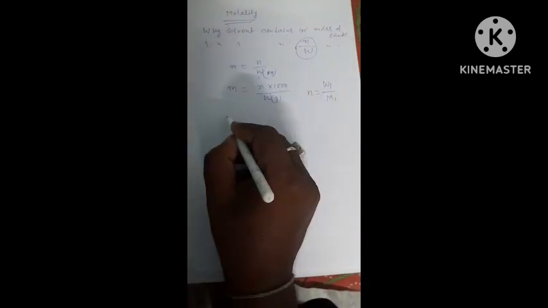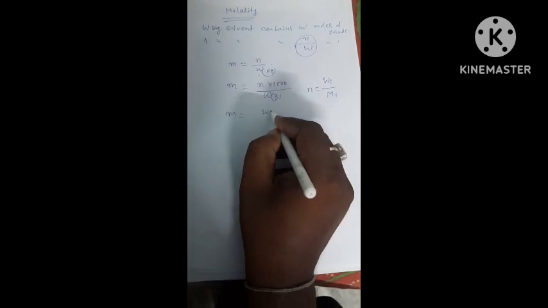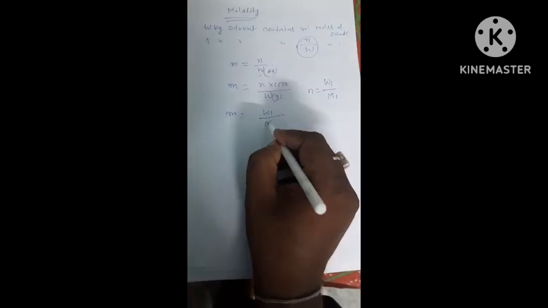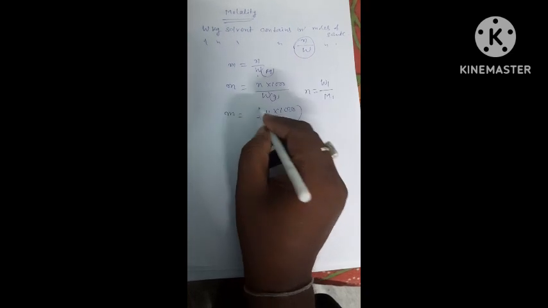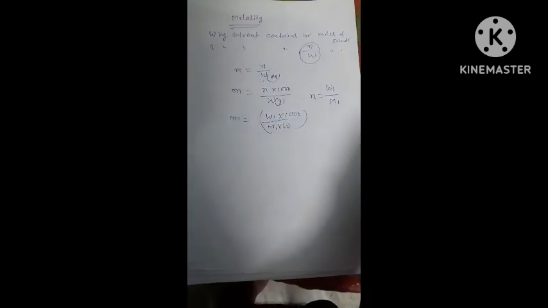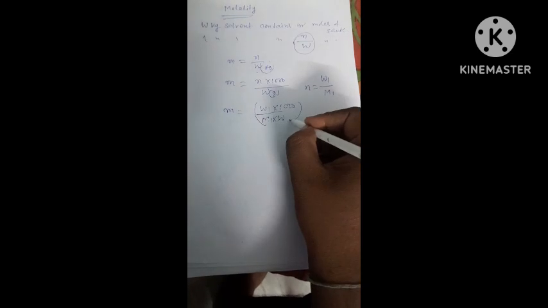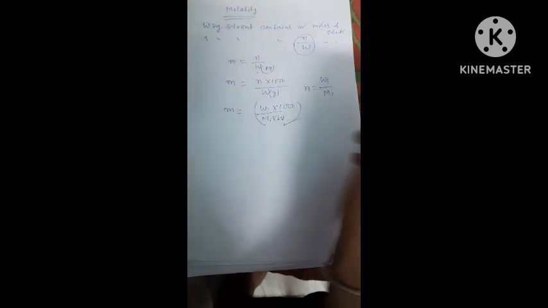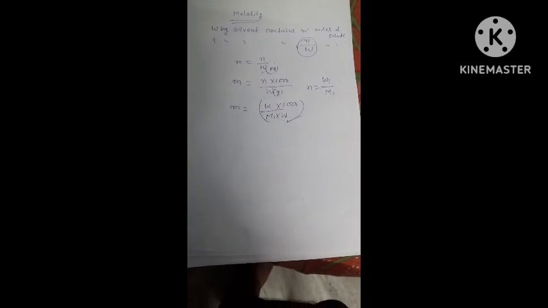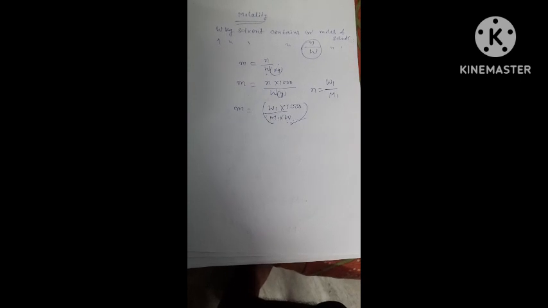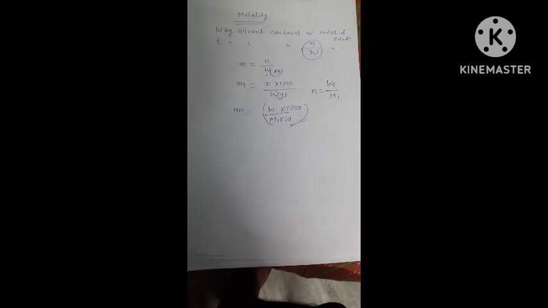So m equals W1 divided by M1 into W into 1000. Here one thing you have to remember, the molality depends on the mass of solvent. Since mass is independent of temperature, molality also will not depend on temperature.